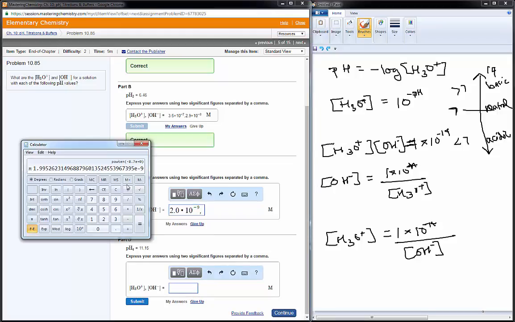And then I'm going to store that to memory, and then say 1 times 10 to the -14th divided by that value, 1.99 times 10 to the -9th. That's going to give me my hydroxide concentration of 5.0 times 10 to the -6th.